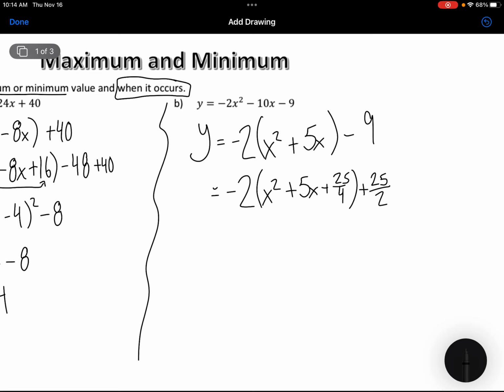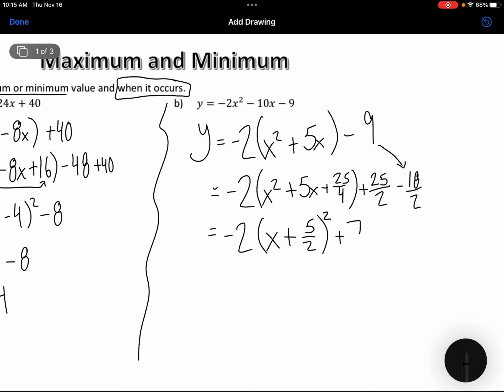And then we've got negative 9, and negative 9, if I have a denominator of 2, would be 18 over 2, just because we need a common denominator to add fractions. So then we get negative 2, x plus 5 over 2, which is just our half number. Half of 5 is 5 over 2, and that's always going to be that second number. And we square it, and then we just add the numbers at the end.